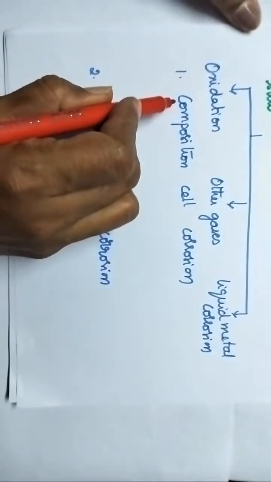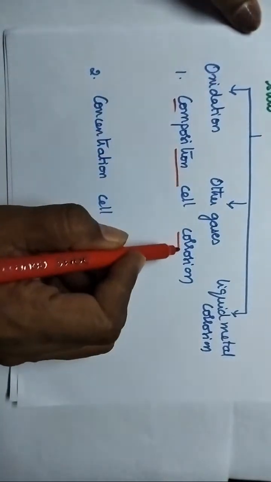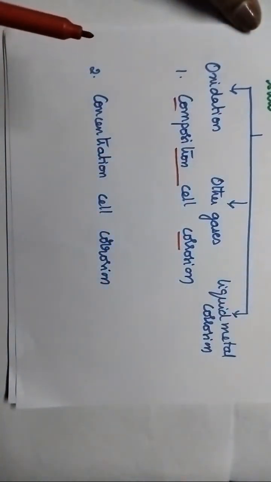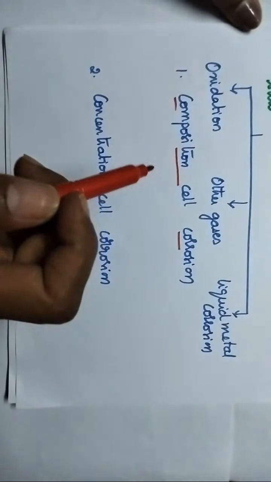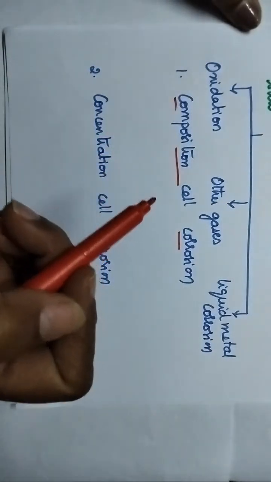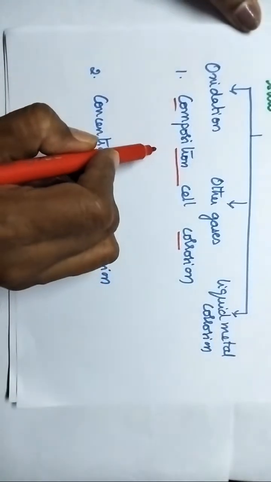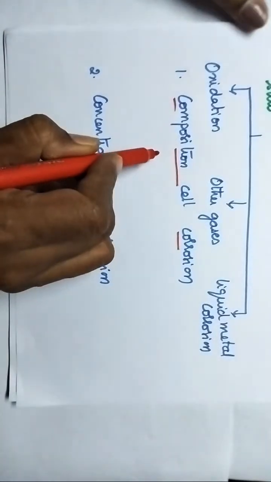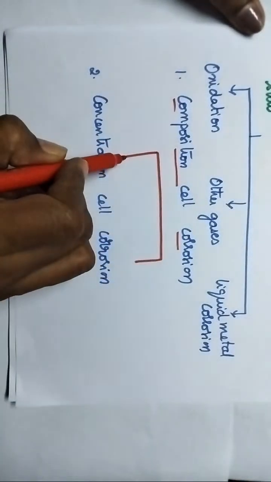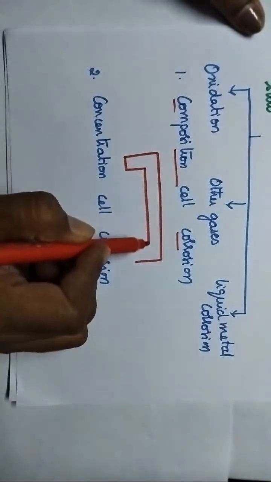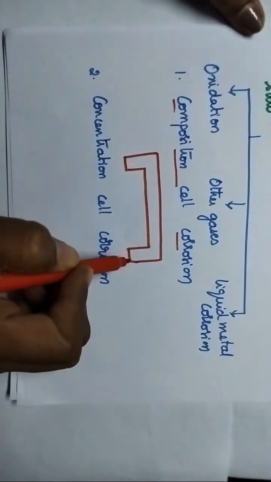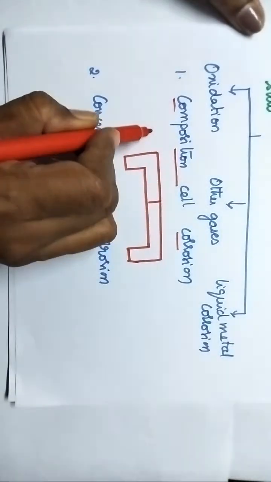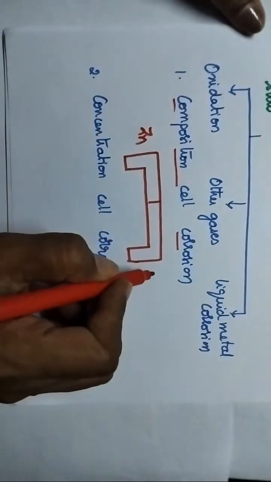So, composition cell corrosion means this type of corrosion takes place due to the presence of two or more different metals. Whenever we consider zinc connected to copper, this is the zinc metal and that is the copper metal.